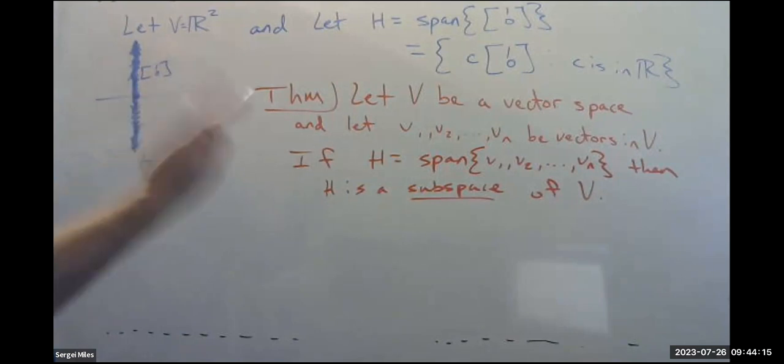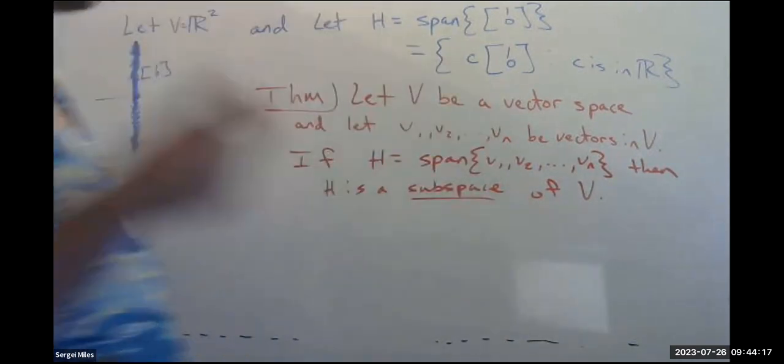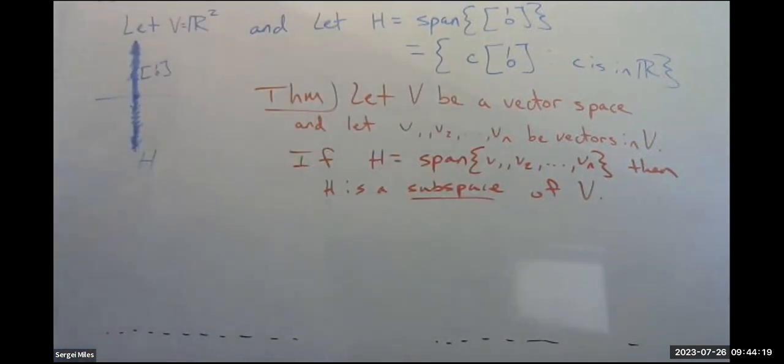Any set which is the span of something is always going to satisfy those 3 points for a subspace. So anytime you can rewrite a set H as the span of something, then you automatically have a subspace. So sometimes this is a quicker way to check if something is a subspace or not, instead of checking those 3 properties. All right?